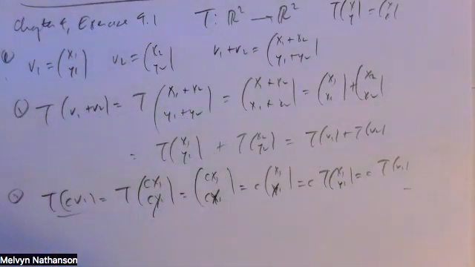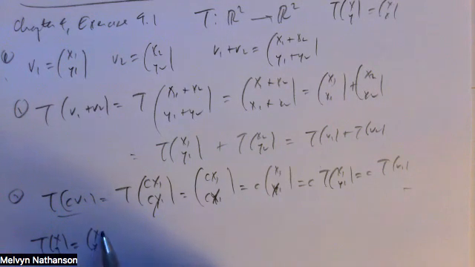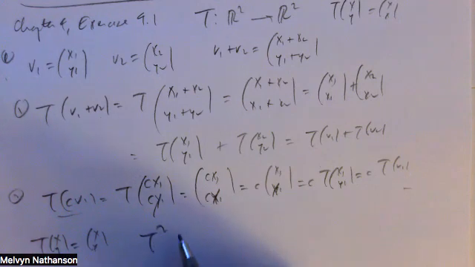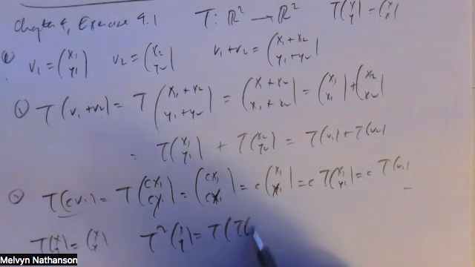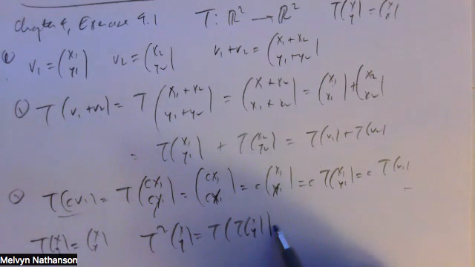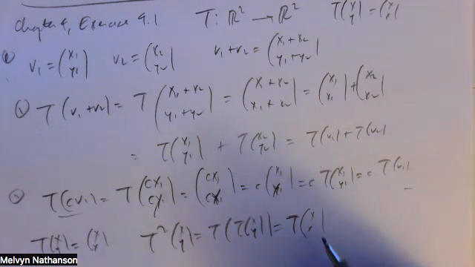For part B, well, let's see. So T of (x, y) is (x, x). So T squared of (x, y) means T of T of (x, y), which is T of (x, x). And if you apply T to a vector (x, x), that's just (x, x). So you replace the second coordinate with the first, but the second coordinate equals the first.